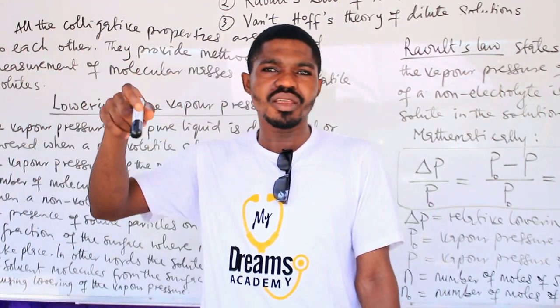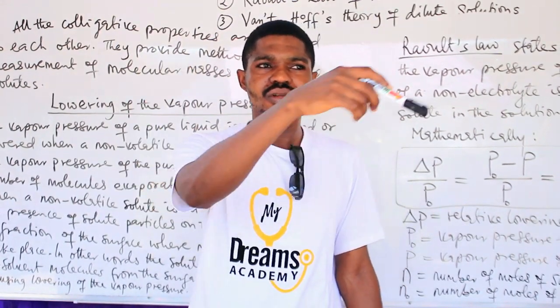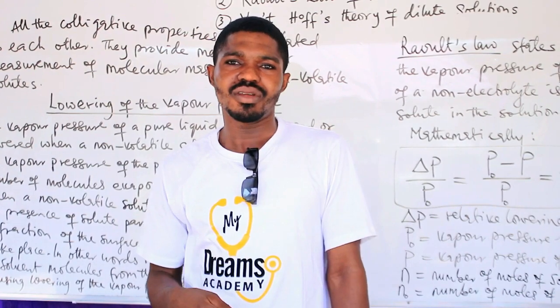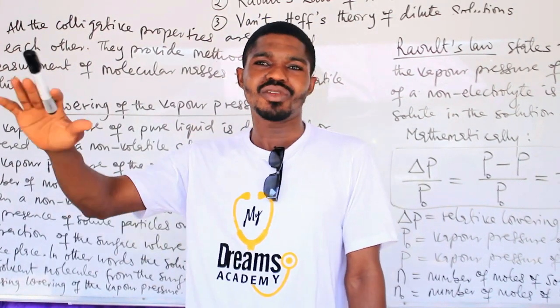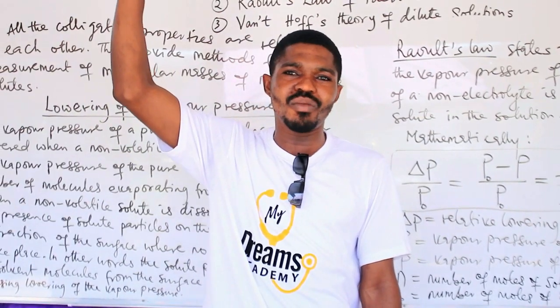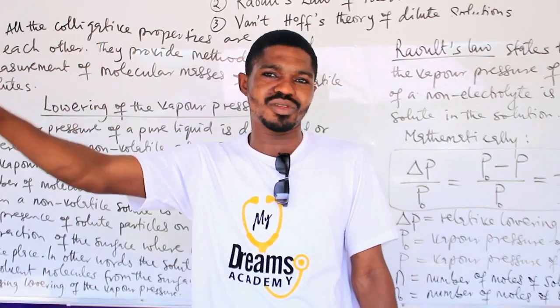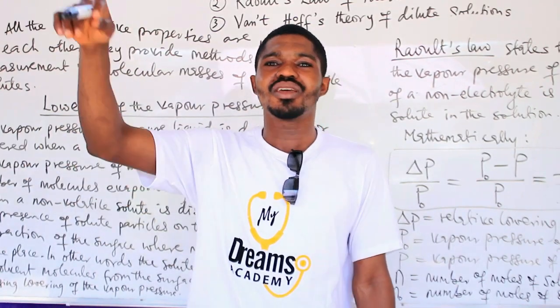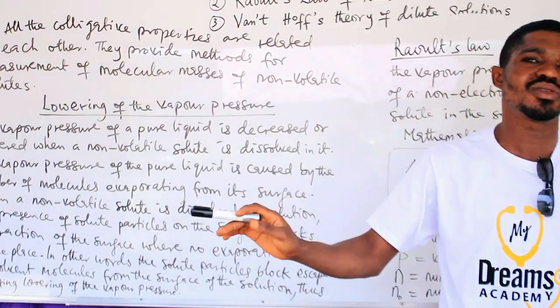But if you add a solute into this solvent, the particles of the solute will block some of the solvent molecules, preventing them from escaping. In that case, the vapor pressure has been reduced, because the rate at which the solvent molecules escape from the surface has been reduced.